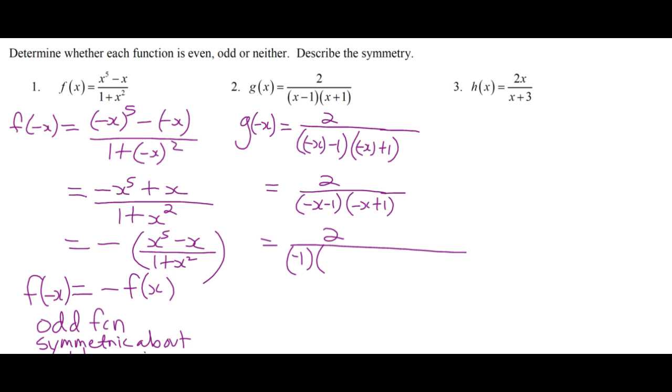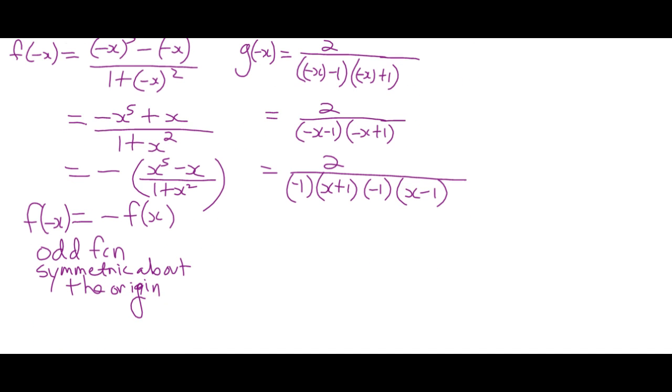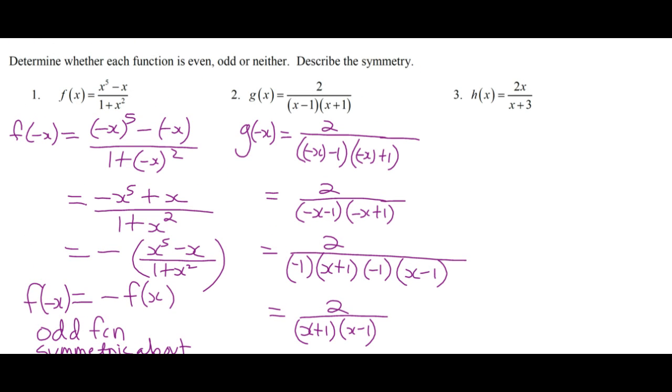So let's factor negative 1 out of that first set of brackets, and this will become x plus 1. Let's factor negative 1 out of this set of brackets, and this will become x minus 1. We've got the two negatives, so they're just going to be positive, so this will just be x plus 1, x minus 1. And how does that compare to the original function? It is the original function, right?